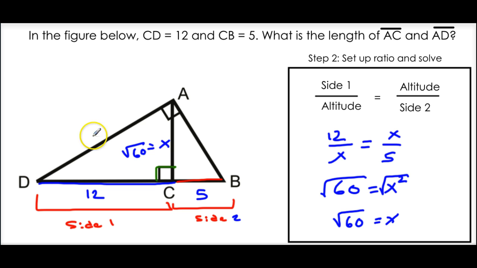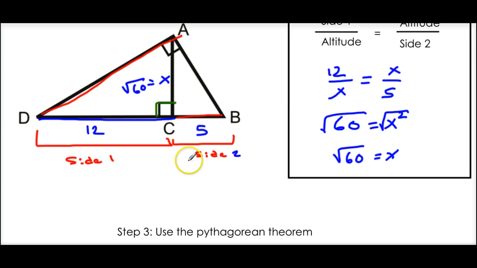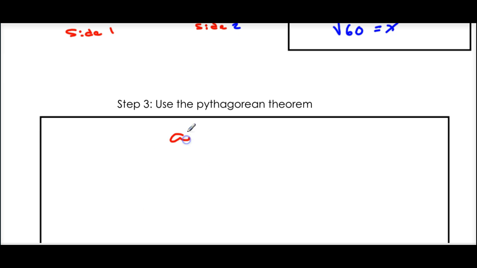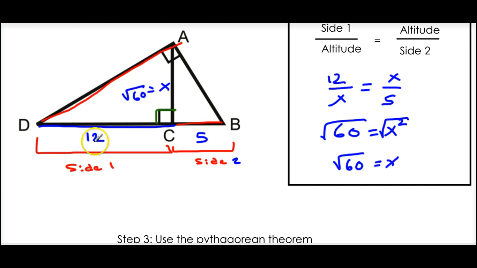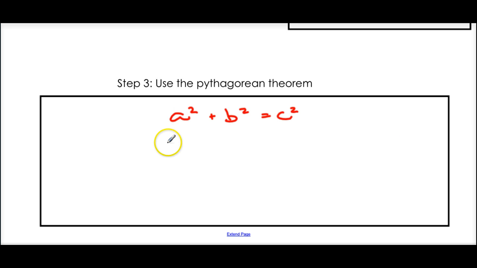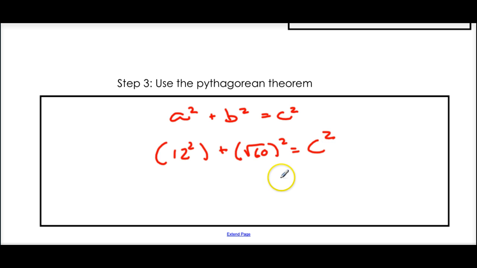So to find AD, which we have right over here, we just have to plug it in. a squared plus b squared equals c squared. In this case, our two legs are 12 and the square root of 60, so it's going to be 12 squared plus the square root of 60 squared equals AD, or in this case it's our hypotenuse.